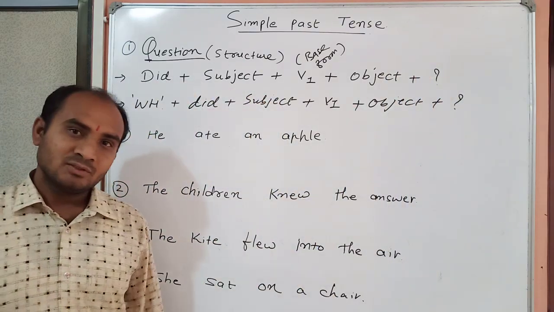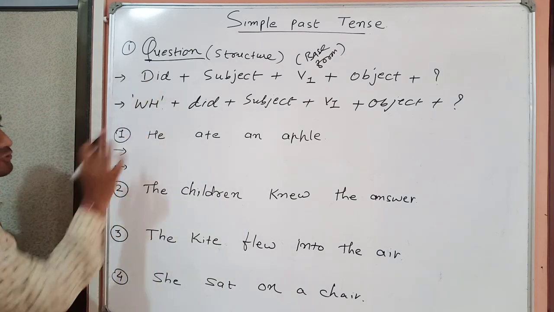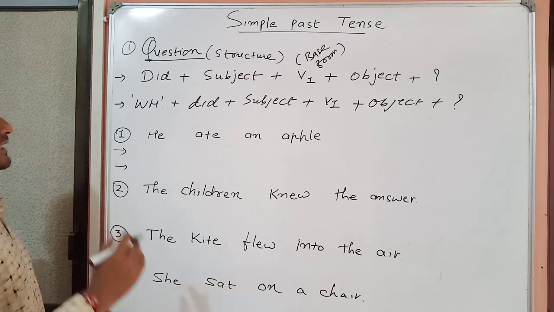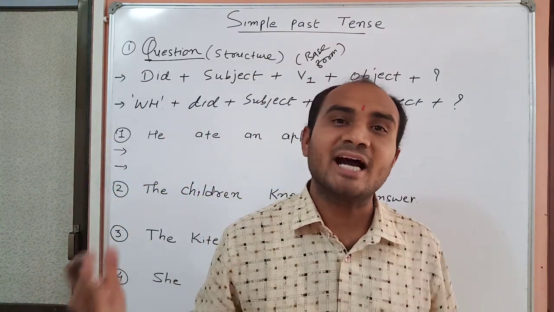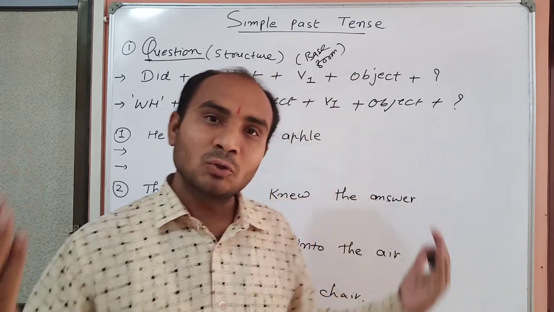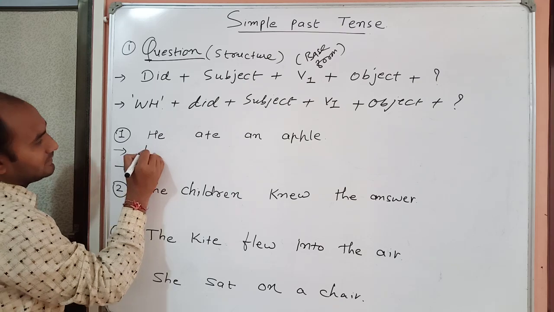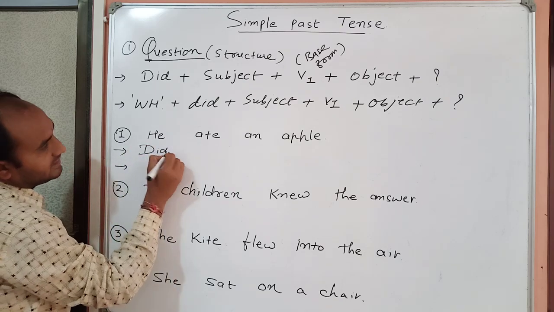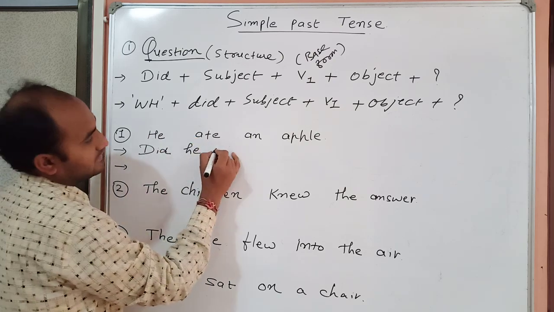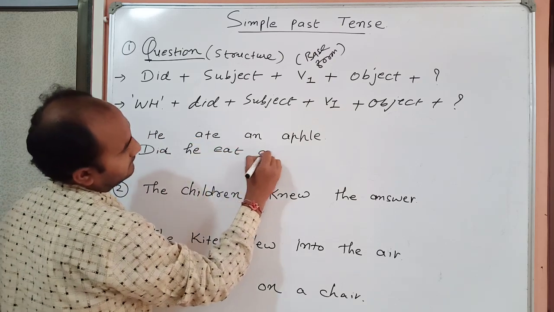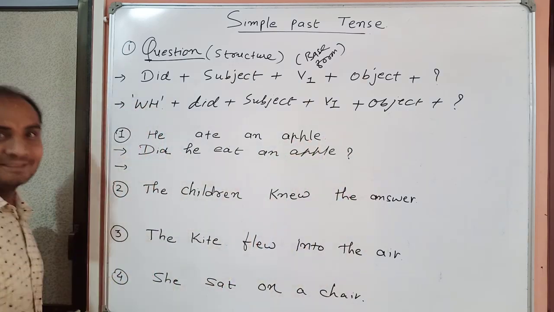So let's solve some examples. The first statement we will convert into two types and then the remaining directly. Whenever we ask without WH, we will get the answer in yes or no. He ate an apple. That means did he eat an apple?